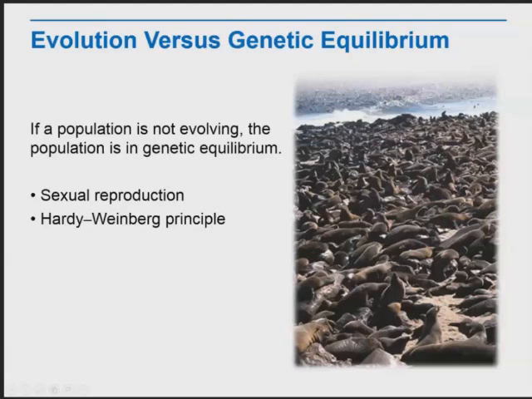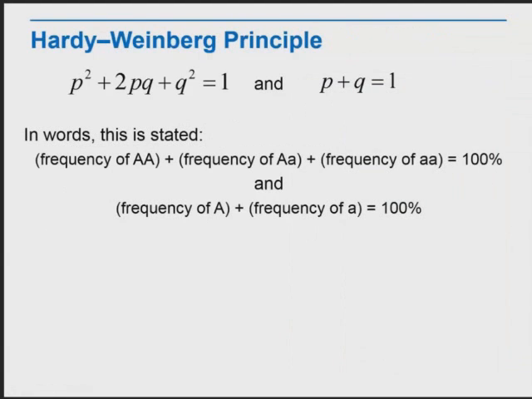The Hardy-Weinberg principle states that allele frequencies in a population should remain constant unless one or more factors cause those frequencies to change. The Hardy-Weinberg principle makes predictions like Punnett squares do, but for populations, not individuals. Here's how the Hardy-Weinberg principle works. Suppose that there are two alleles for a gene, A, the dominant, and little a, the recessive.